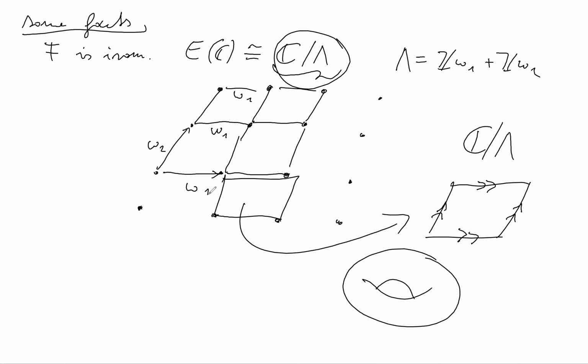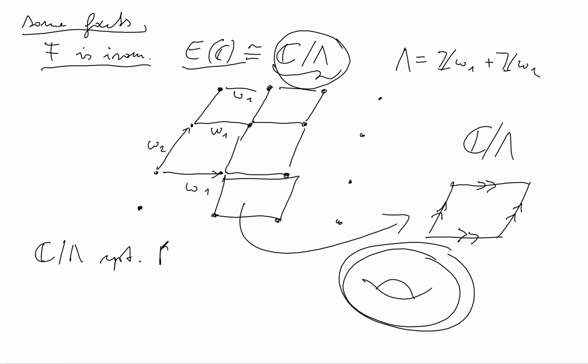Anyhow, so F is an isomorphism. When we talk about elliptic curves over C, we can really talk about tori like this. That's nice. It turns out that C over Lambda is a nice compact Riemann surface, and that's actually if and only if Lambda is a lattice.